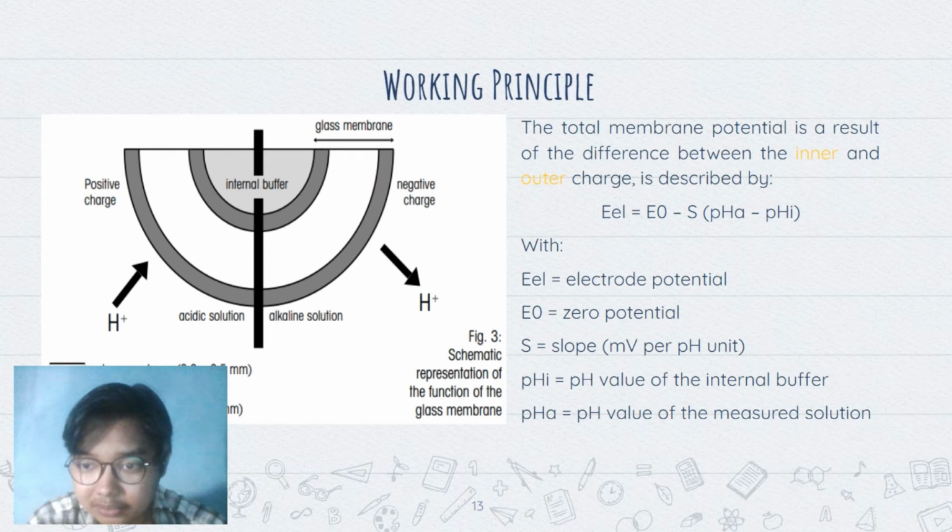Because the glass electrode has an internal buffer with a constant pH value, the potential at the inner surface of the membrane is constant during the measurement. This is the potential that would be produced by the electrode, or the glass membrane, when the pH transmitter is in contact with the chemical solution.